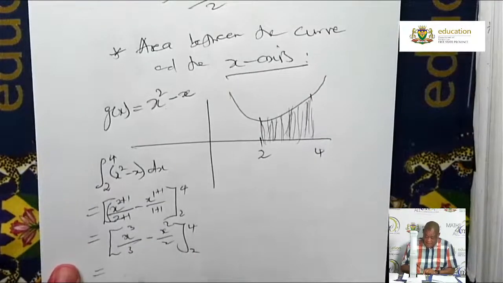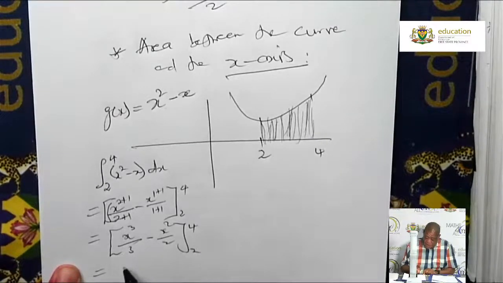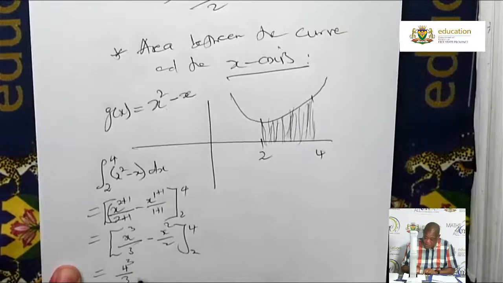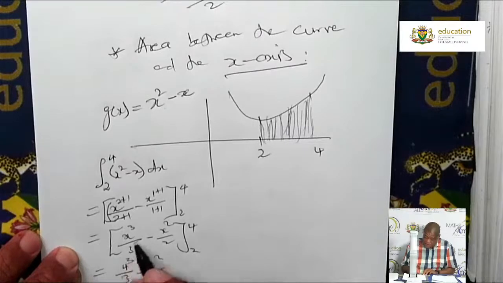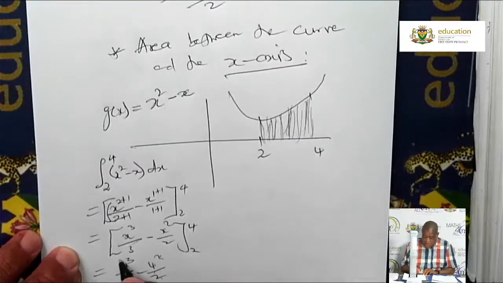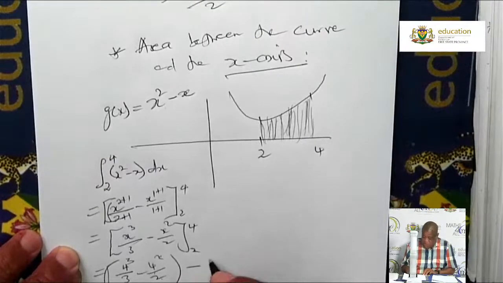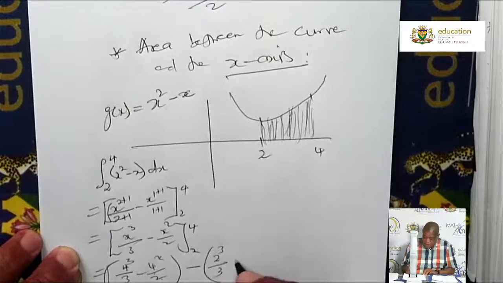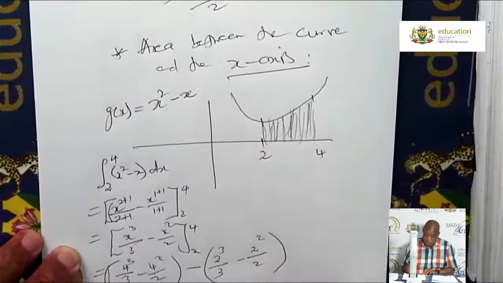From there, you will have to substitute the upper limit, so have it as 4 to power 3 over 3 minus 4 squared over 2, subtract what you get when you substitute the lower limit, which is 2 to power 3 over 3 minus 2 squared over 2, like that.